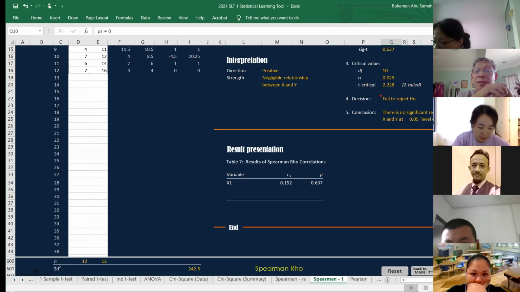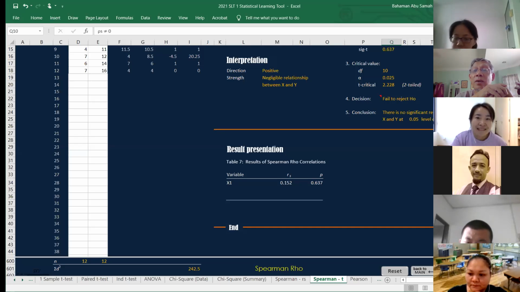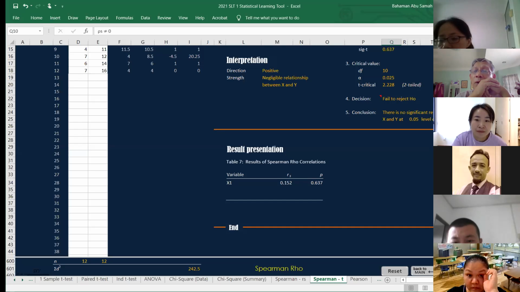Okay, others? Prof. Oh yeah, I want to ask. For presenting the result presentation too, we only show one variable only. Oh yeah, only one variable because we are selecting only one variable. But in reality, for your thesis, you have several variables. That's why for your table you have x1, x2, x3, x4.